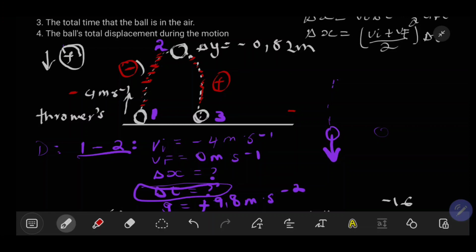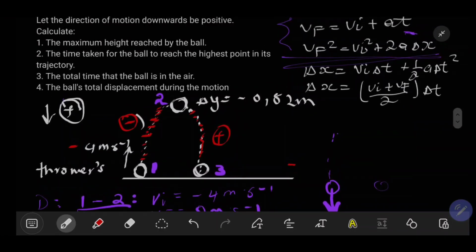All right, so the second one says calculate the time taken for the ball to reach the highest point of its trajectory. So they want us to find the time it took the ball to reach the maximum height. We're still on the path A, B, or the path from 1 to 2.